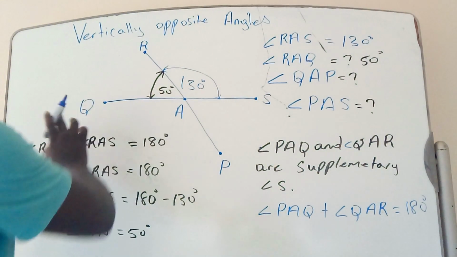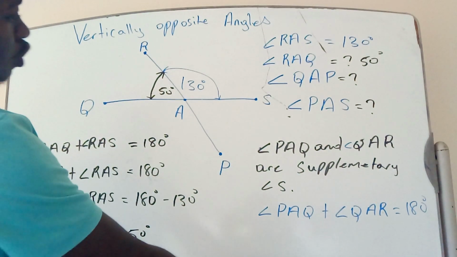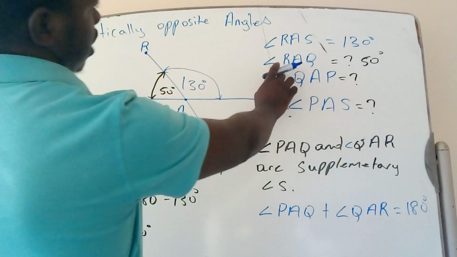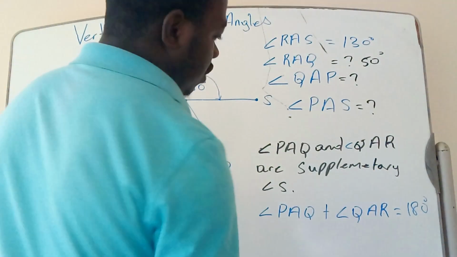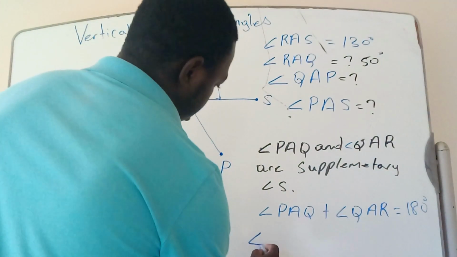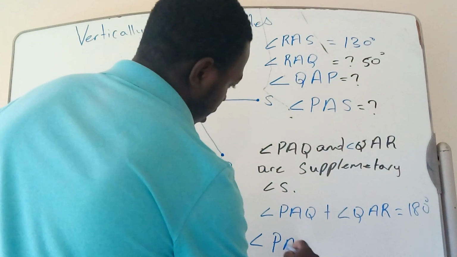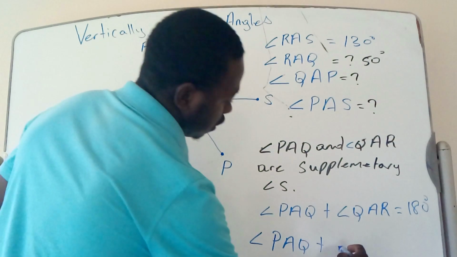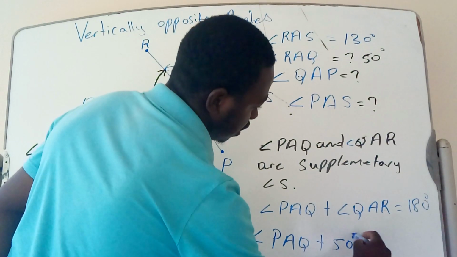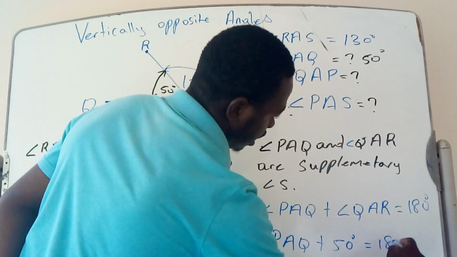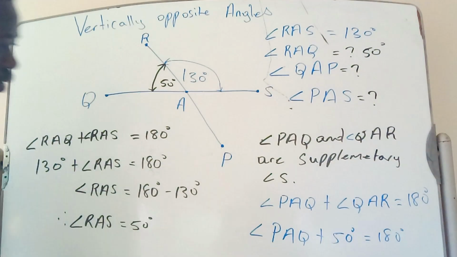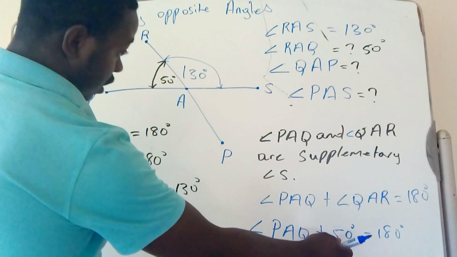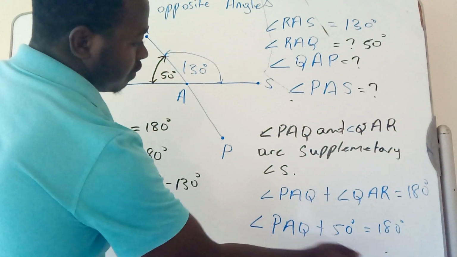Now, do we know the value of angle PAQ? No, that's what we want to find. Do we know the value of angle QAR? Yes, angle QAR is 50 degrees. So therefore, angle PAQ plus 50 degrees is equal to 180 degrees. We want to find this angle, and this is plus 50, so we have to subtract 50 from both sides.